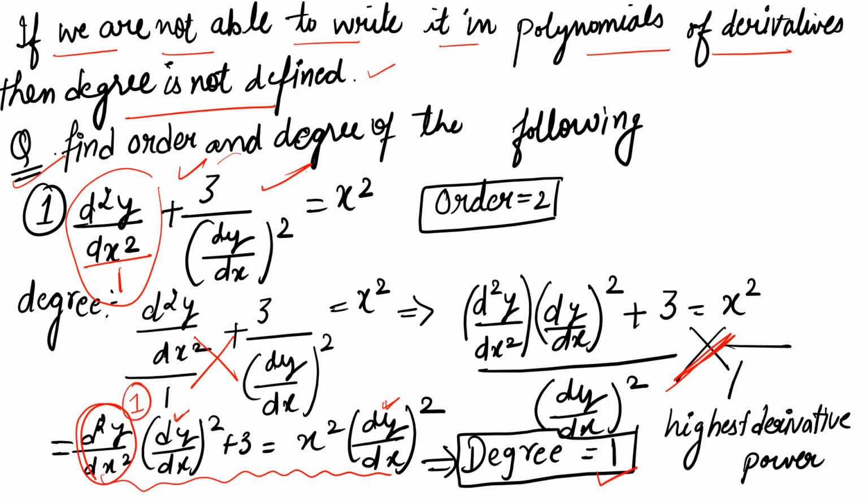So the degree is 1. Highest derivative power, degree is 1. So first you have to show this as a polynomial of derivatives by solving the equation. Then you have to find the degree and order. What is the order here? The order is 2 because the highest order derivative is 2.